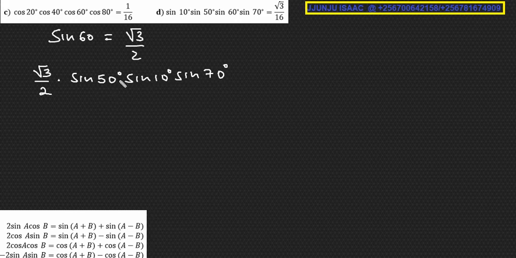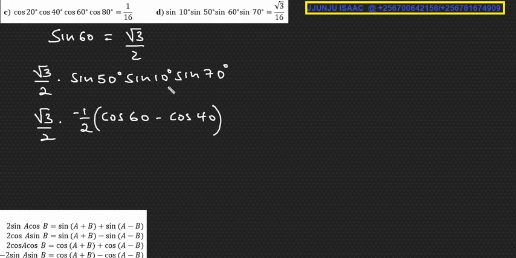So now we are going to transform sine. Transforming sine, let us see, this is root 3 over 2. Now sine is going to be negative a half, then cos, add the angles, this gives us 60, then minus cos, subtract the angles, you get 40.